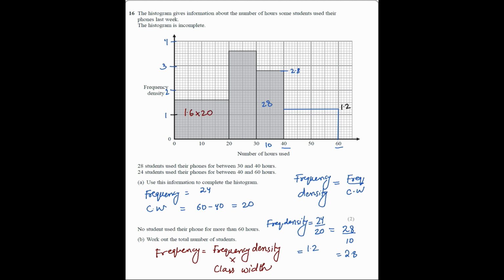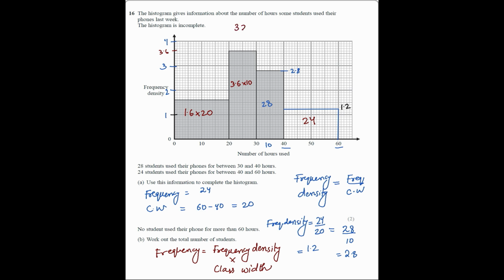This one, 20 to 30, must be 3.6, so 3.6 times 10, since the difference between 20 and 30 is 10. And it is already given 28, and for 40 to 60 hours, it is already given 24. So now you just have to add all the frequencies.